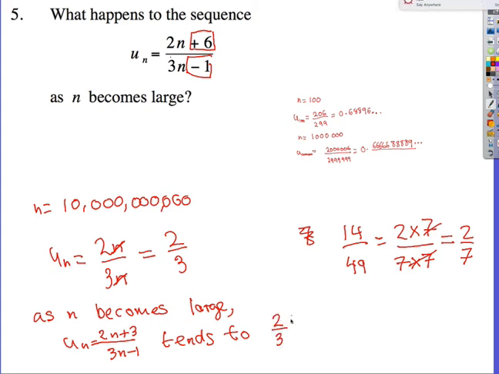But it will never become 2 over 3. It will get closer and closer to 2 over 3, but it will never become 2 over 3. That's why we say tends to, and not equals to. If you write equals to, you will not get the mark.